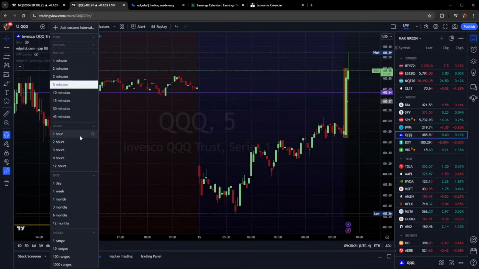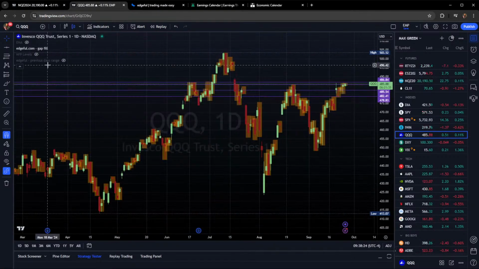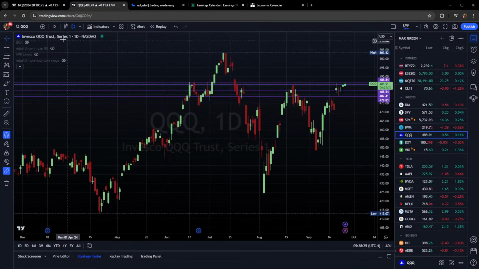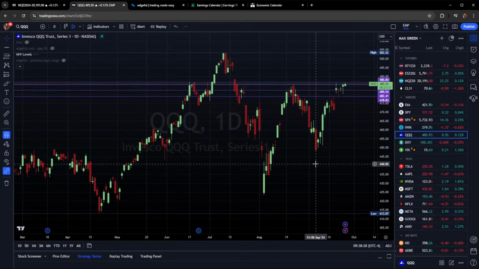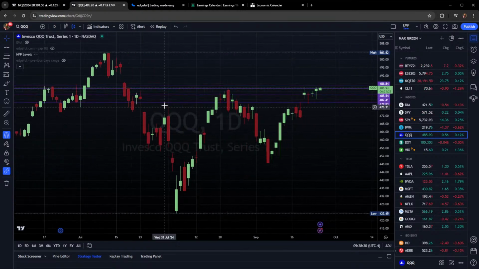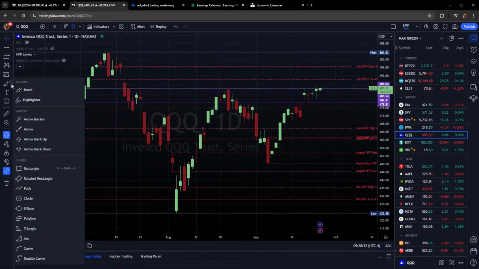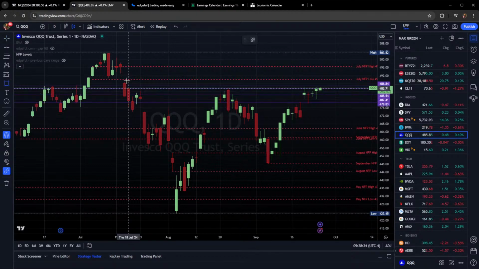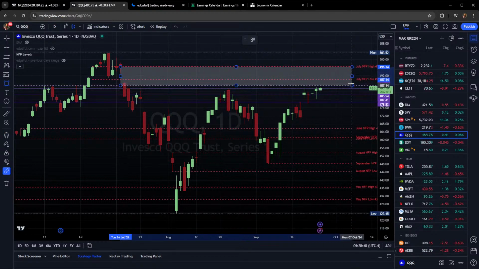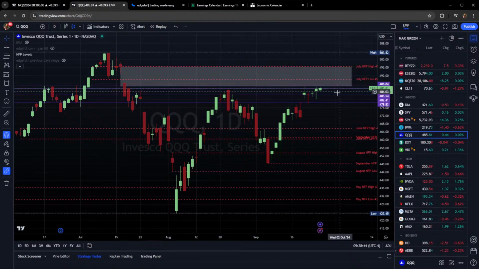QQQ, daily picture. This is something that we want to keep an eye on. We have some gaps. This area right here is what really needs to fill. I mean, that's a big old area that I would love to go fill.